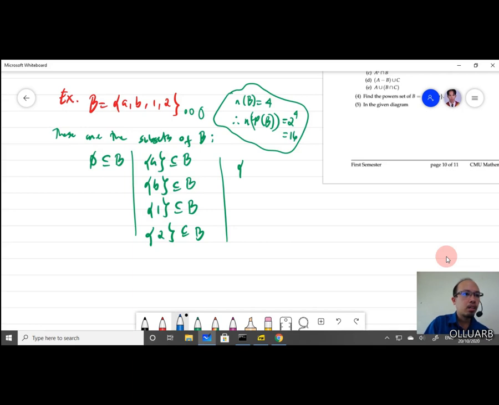These are the sets containing one element, and the sets containing two elements are this one.